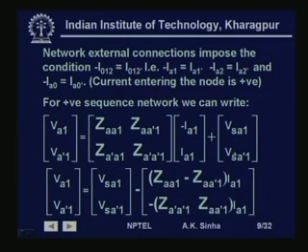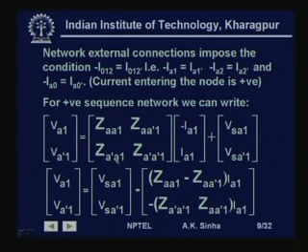So this we can write again as VA1 and VA dash 1, and after simplifying we get ZAA1 minus ZAA dash 1 into IA1, and minus ZA dash A dash 1 into IA1 plus ZA dash 1 into IA1. So, after simplifying, we write ZAA1 into minus IA1, ZA dash 1 into IA1. The minus has been taken here.